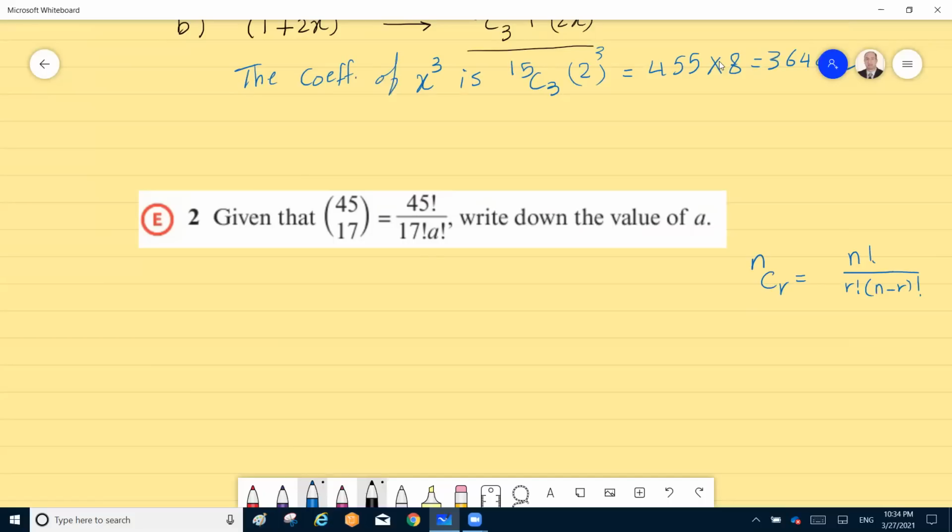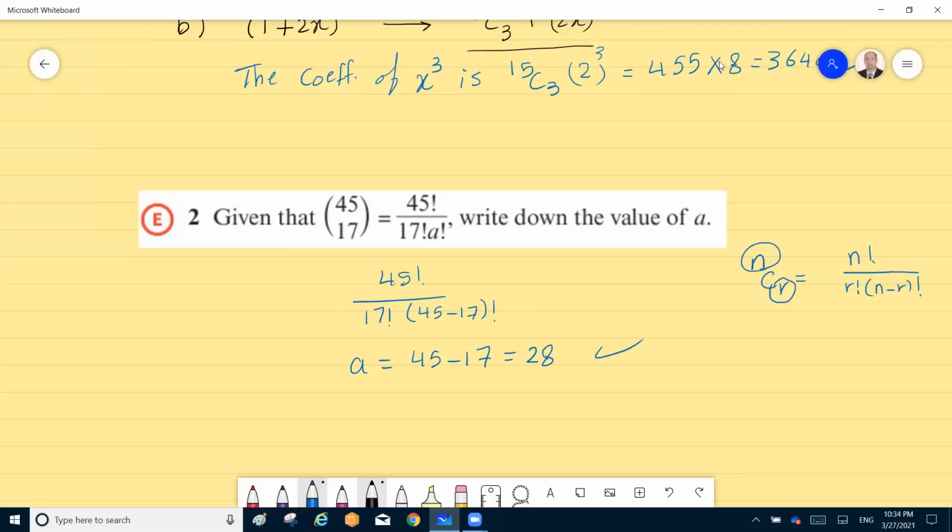And nCr means the number of ways of selecting r items from n items, okay? So a will be the difference between 45 and 17. So a is 45 minus 17, which is equal to 28. That's a very easy question.